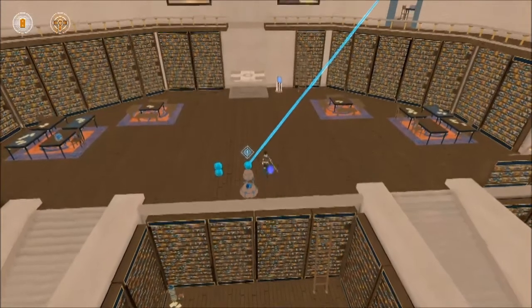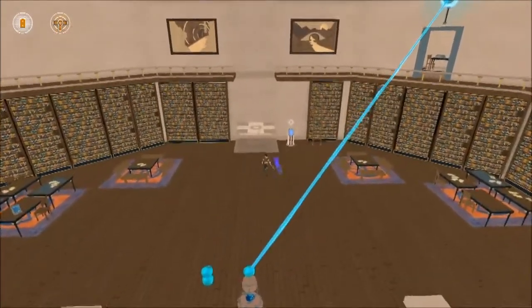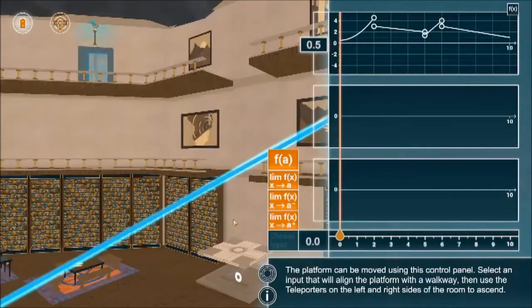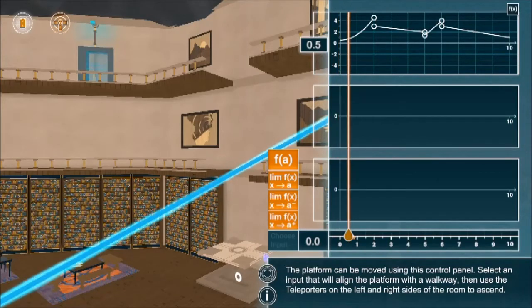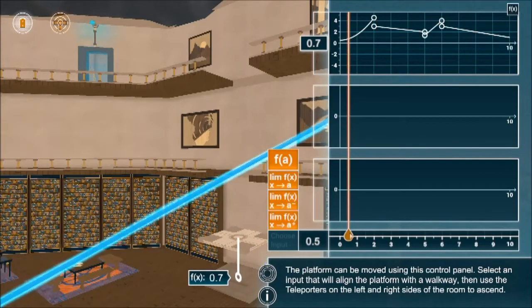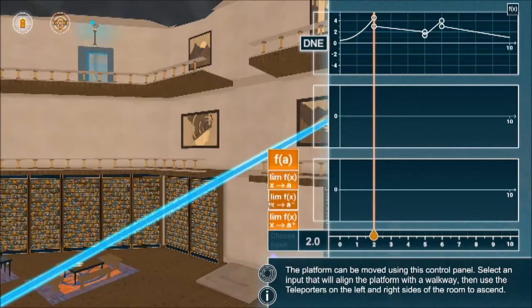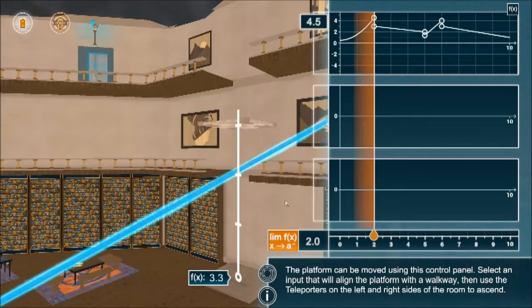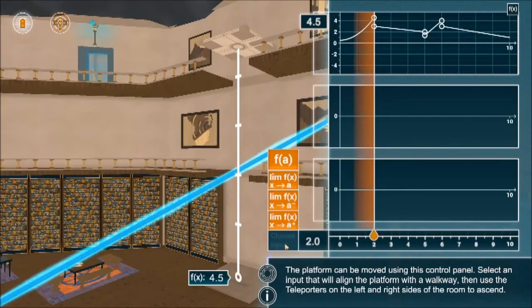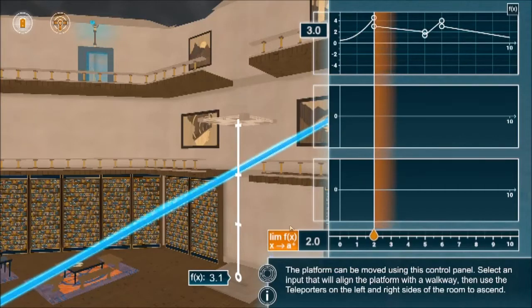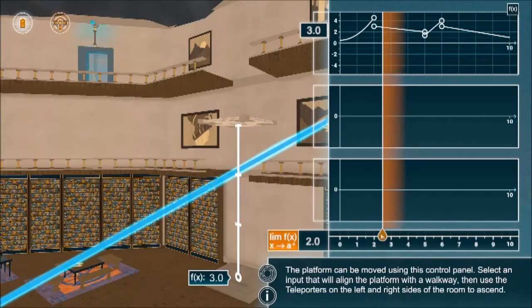Now I'm guessing this controls the lift. That one can be moved, so we want to select the input, align it with the walkway. So let's go for the highest possible one. Nope. If we go for the other one, nope.